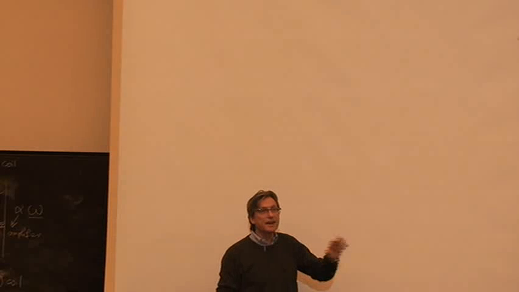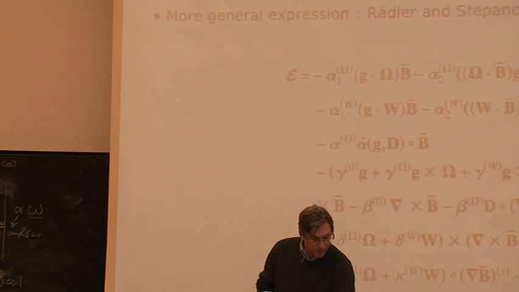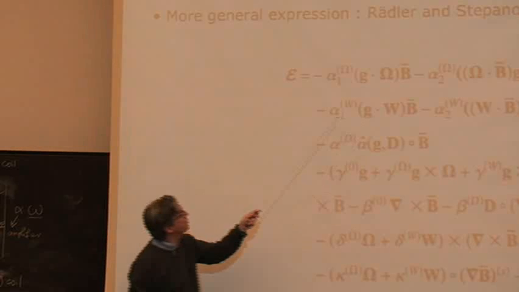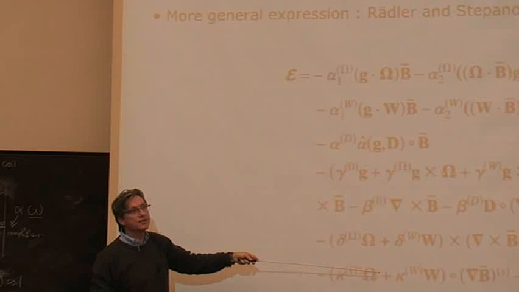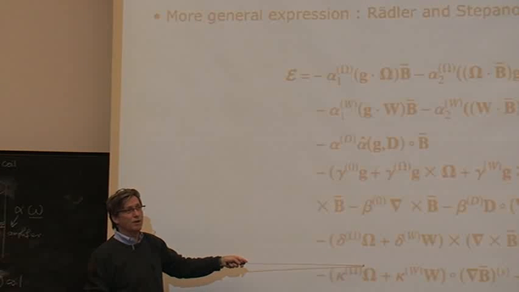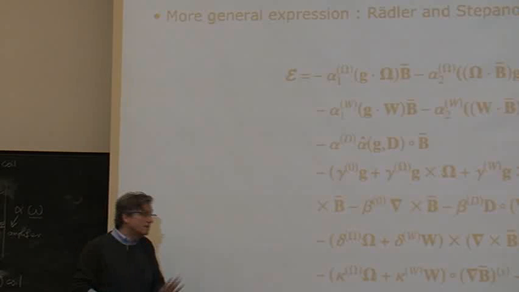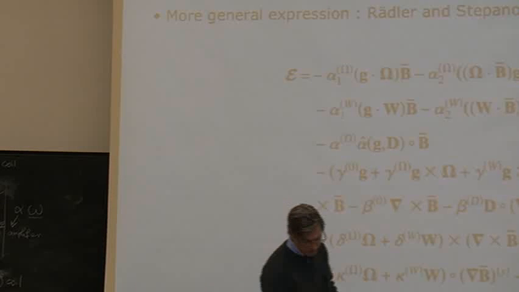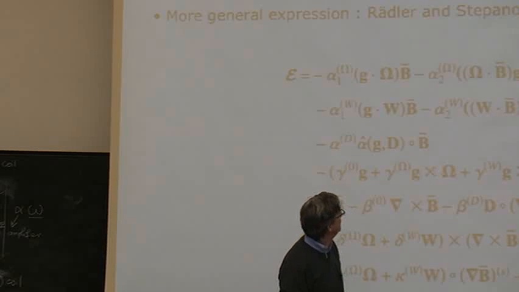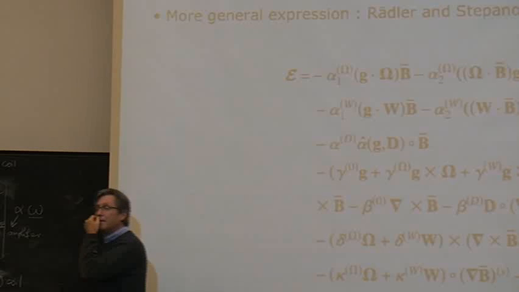But then again, there's a contradiction. I want to make the point that there's a contradiction only if you look at it from that point of view. If you look at it from this point of view and you try to see what the strengths of these different terms are, there's nothing that tells you they all have to be of order 1 that I know of. So do you actually know the coefficients in this expression?